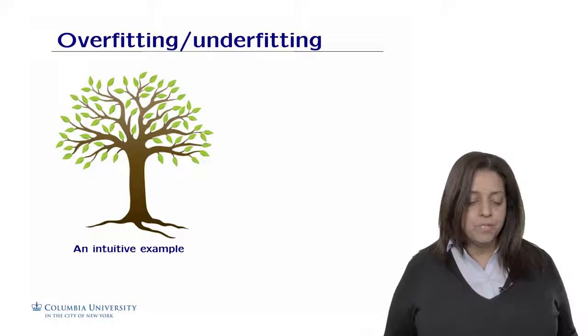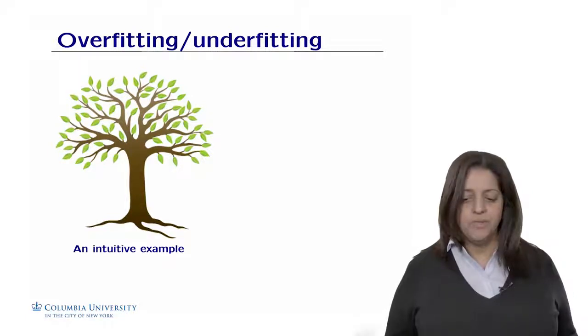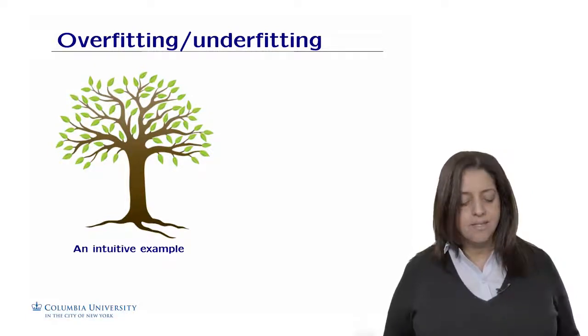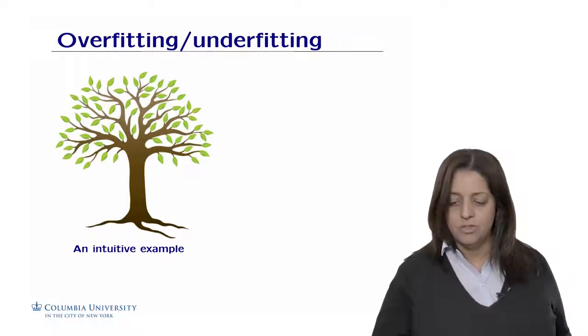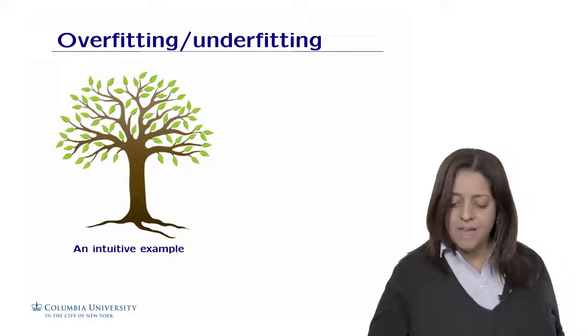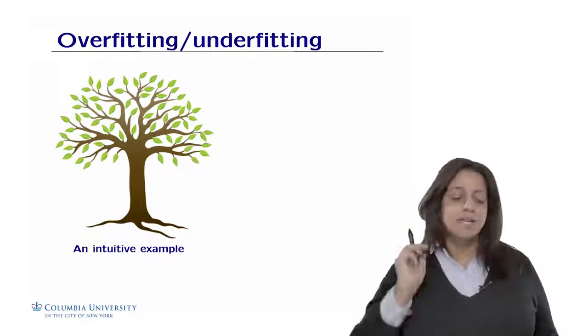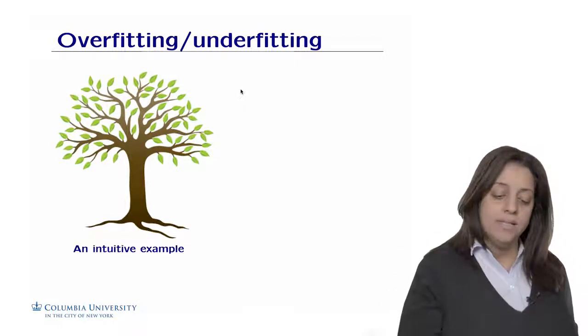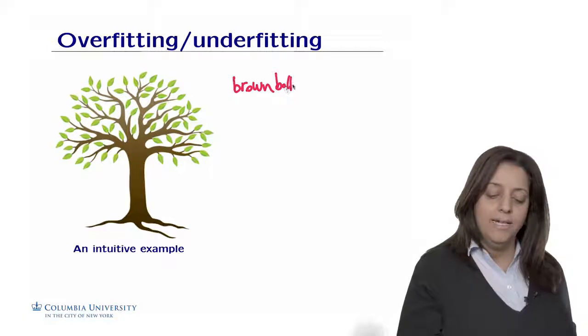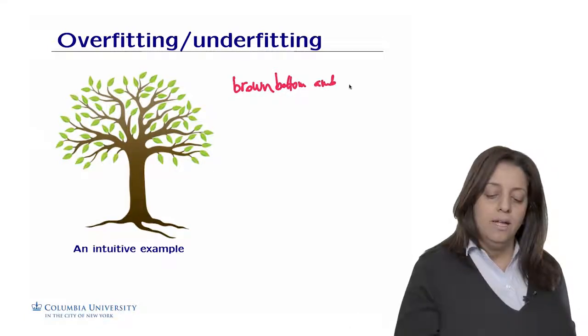So we could use natural language statements. We could come up with sentences that tell what's a tree from what's a non-tree. An example of that, we could come up with a sentence that tells a tree has a brown bottom part, right? And a green top.